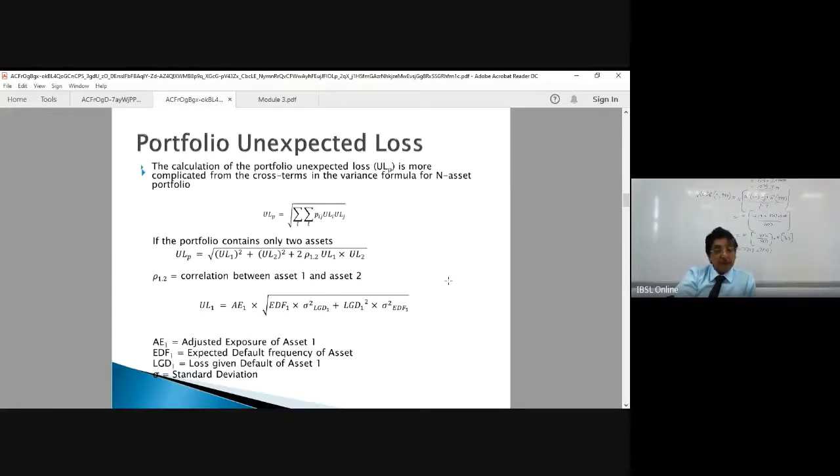So there's another assumption. Now you have only 2 loans in the portfolio. Now you just look at it and see how it has been calculated: UL1 squared plus UL2 squared plus 2 rho 1,2 into UL1 into UL2. So this is the way it can be calculated.